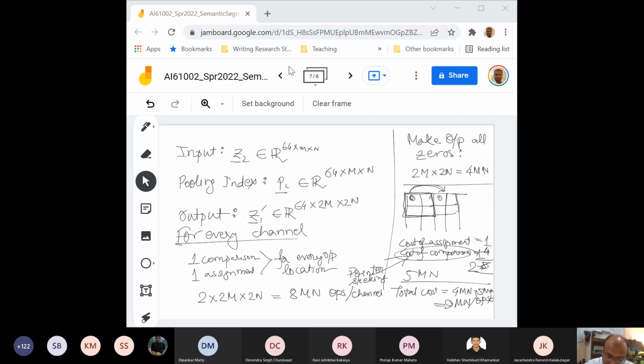Your cost of assignment is mn and your pointer seek is going to be another cost, because you will have an add operation: a pointer address plus another address. Do you agree to that? That a pointer seek is going to be the current address of the pointer plus some address offset. So that will incur one cost.